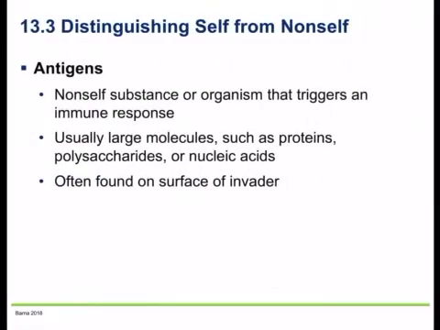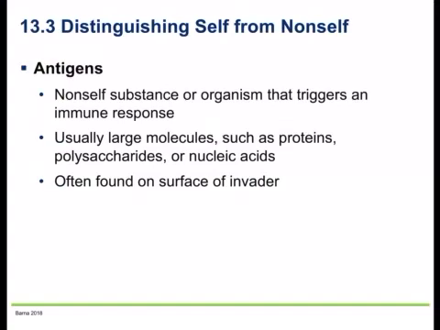Antigens, these are substances. We can either have self-antigens or foreign antigens. Here we're talking mostly about foreign antigens. These are little kind of molecules such as proteins or sugars or nucleic acids that would be found on the surface of the foreign molecule or the pathogen, and it allows us to recognize it as foreign.